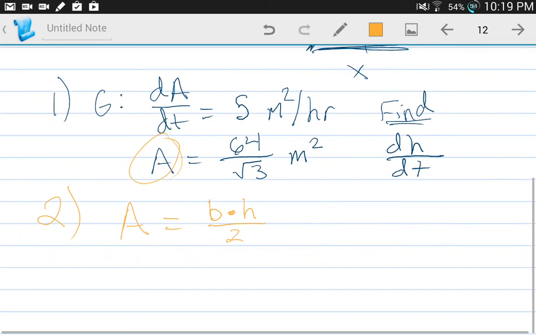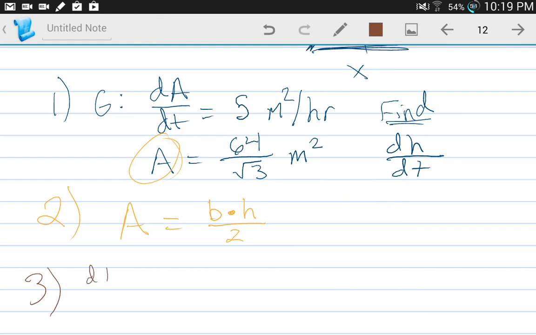Now, the main problem we're going to have with this is, you're going to have to do dA over dt for step 3, and if you try to do it like this, we're going to get a product rule, and we're going to get a term of dB over dt. Well, we don't have anything about the base or how the base is changing, so we want to try to fix that.